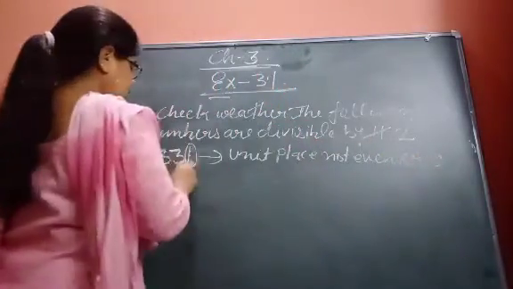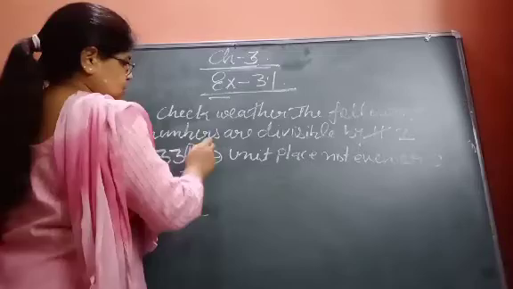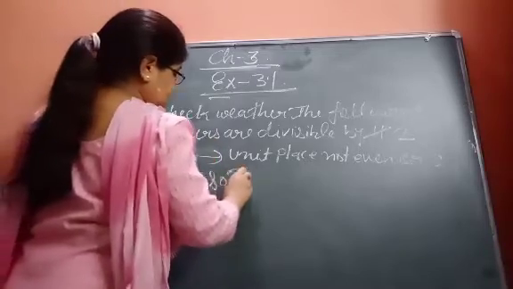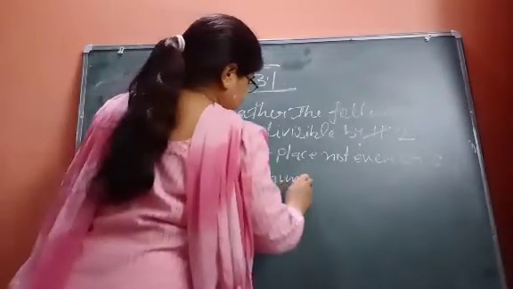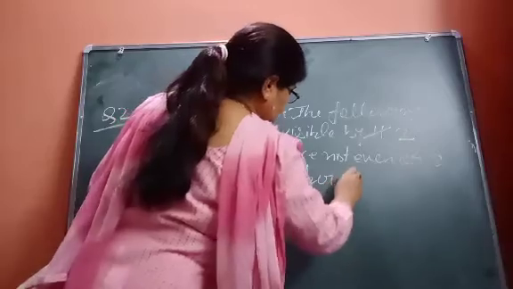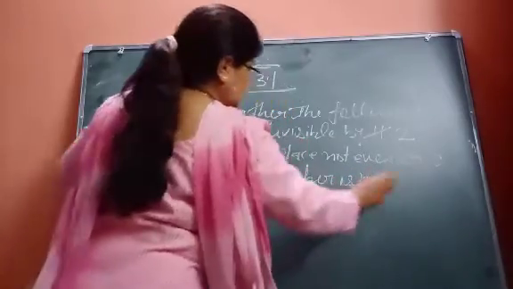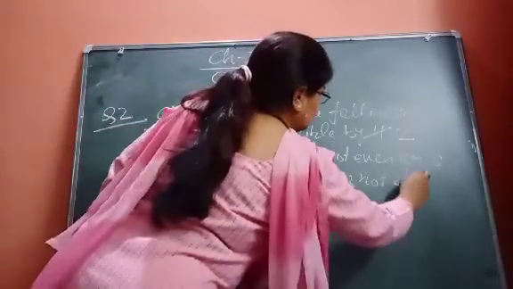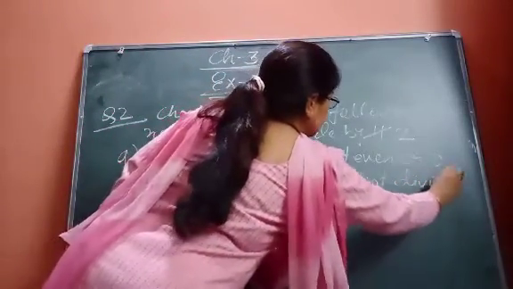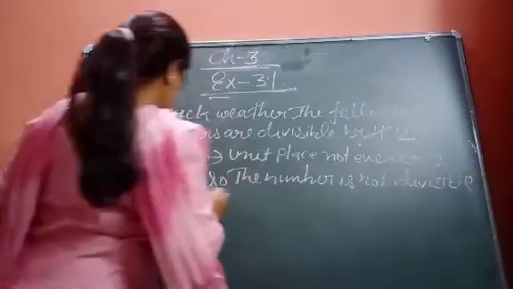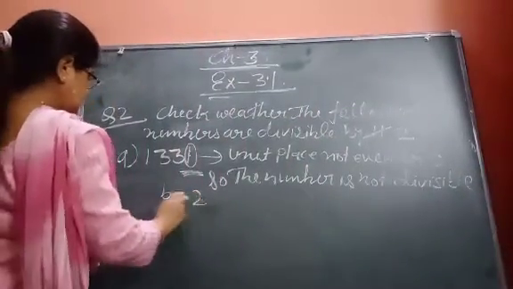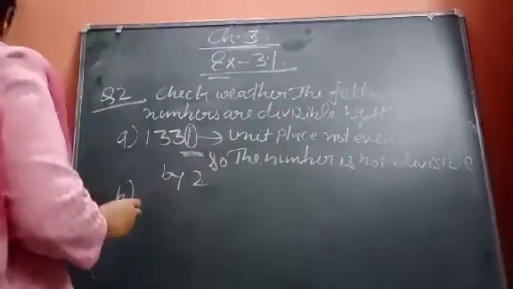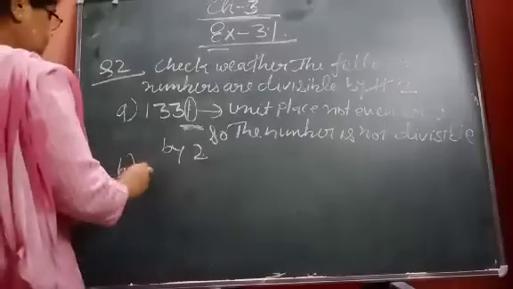Neither an even number is there nor 0, so the number is not divisible by 2. B part, see that, 4059.